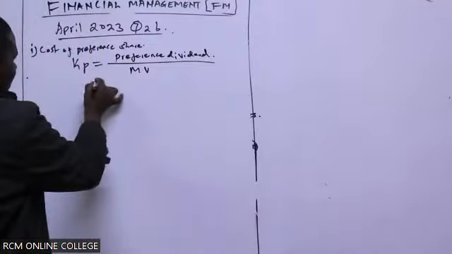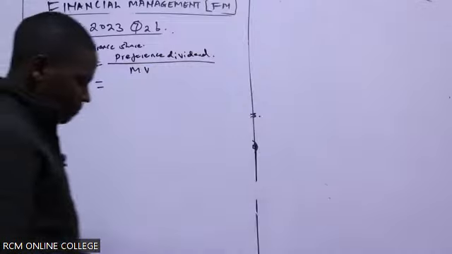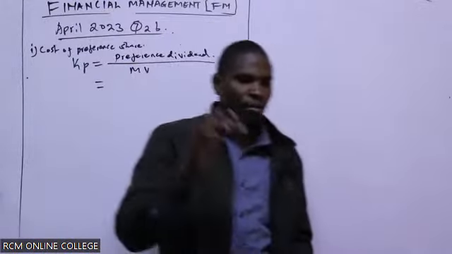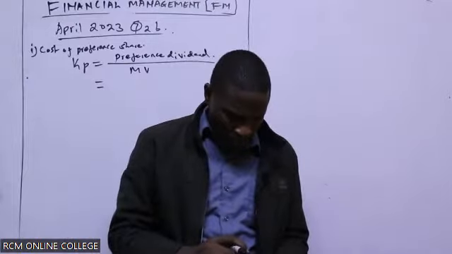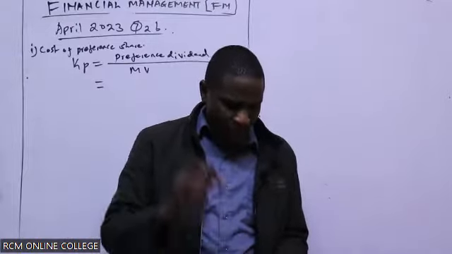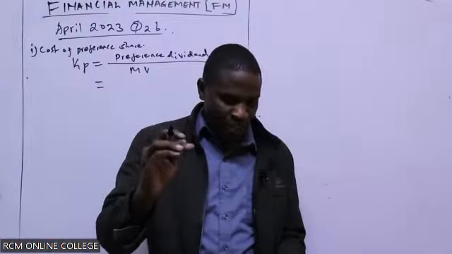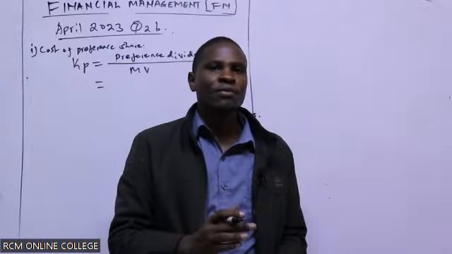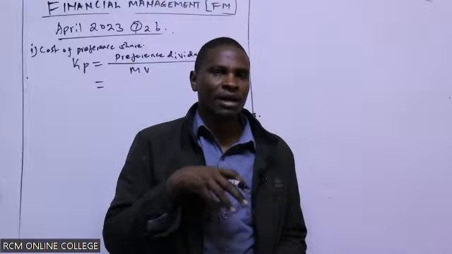Now, I just have to check. How do I get my preference dividend? I have to check the information talking about preference shares. So you just come here and check: 8% preference shares of how much? 100. Remember, for us to get preference dividend, it is like how we get interest.